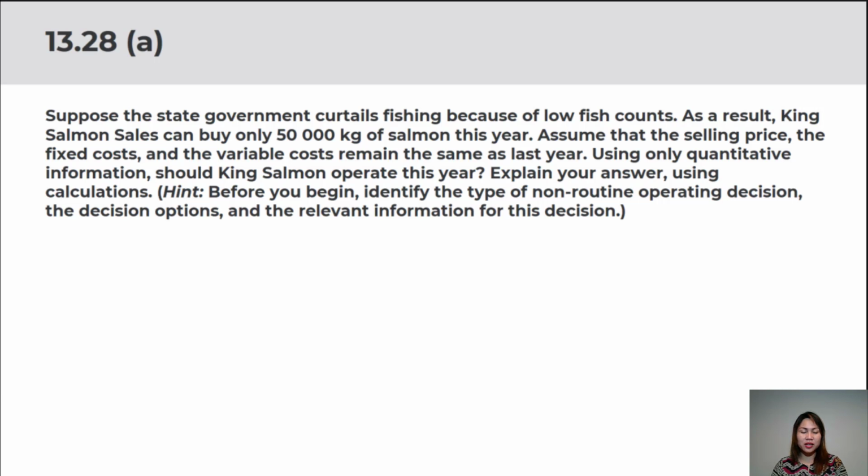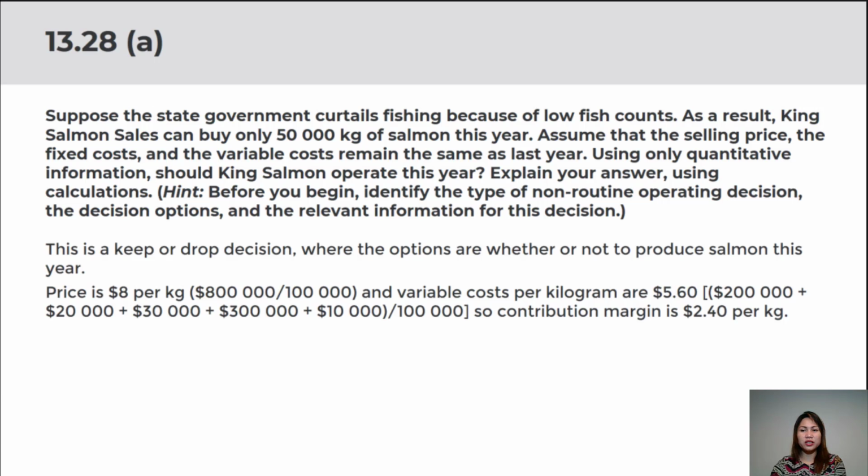Explain your answer using calculation. Hint: before you begin, identify the type of non-routine operating decision, the decision option, and the relevant information for this decision. So this is a keep or drop decision, where there are two options: whether to produce salmon or not to produce salmon this year.